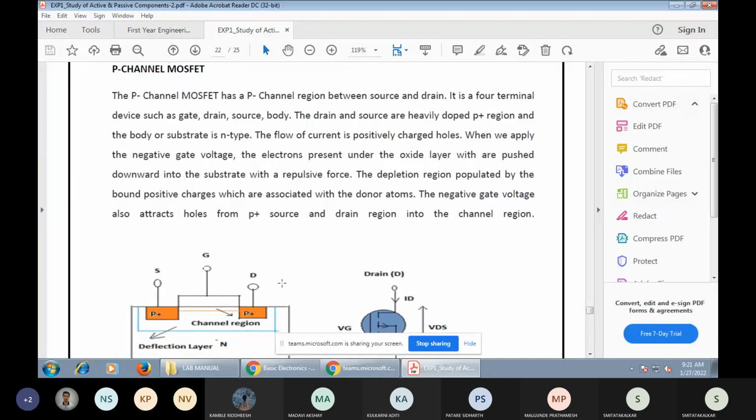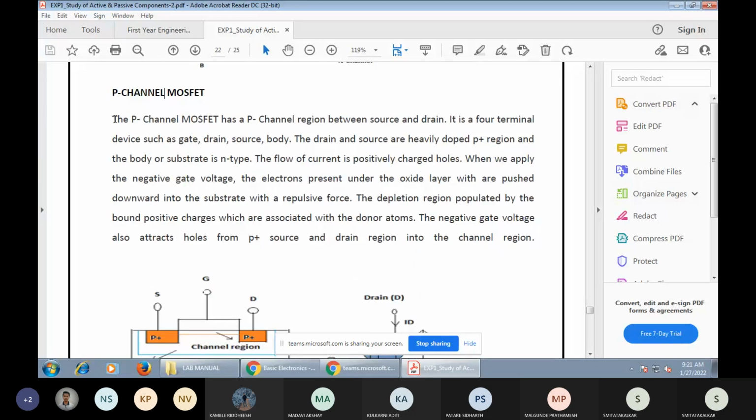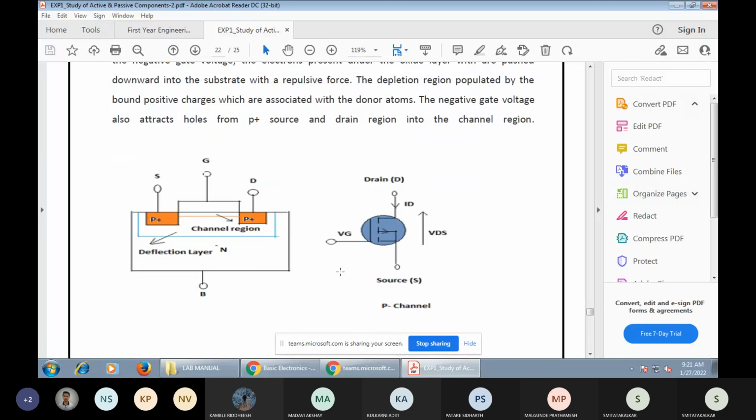Similar for the P channel, the drain is connected to the P plus. The oxidation layer, SiO2, silicon oxide, is generated for the P channel. And the terminals you can use are the source, gate, and drain.